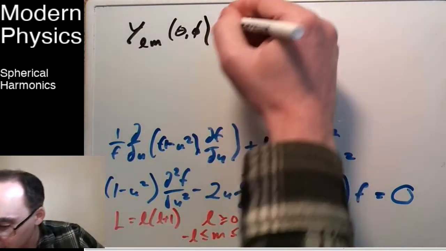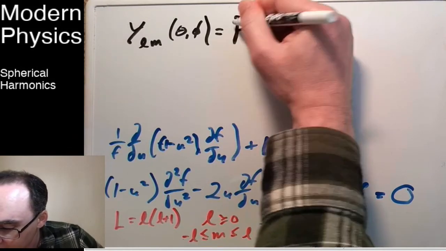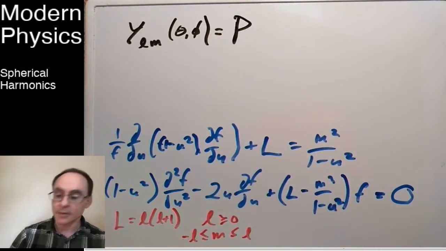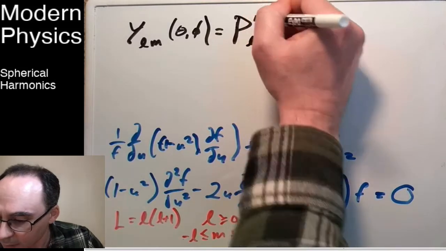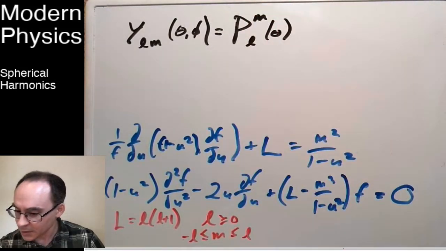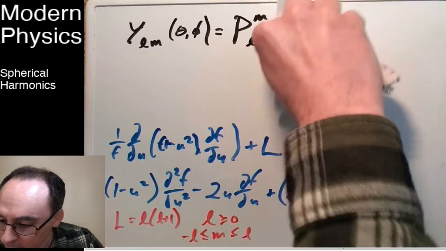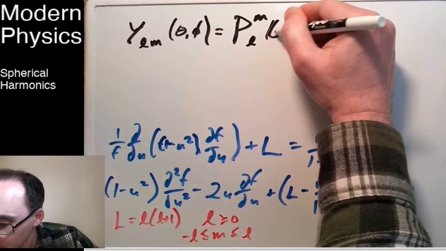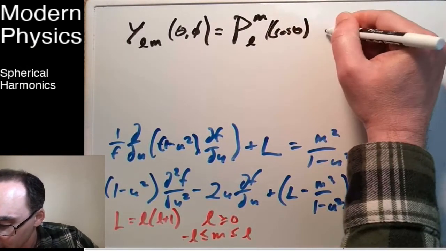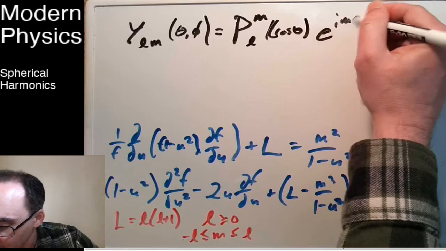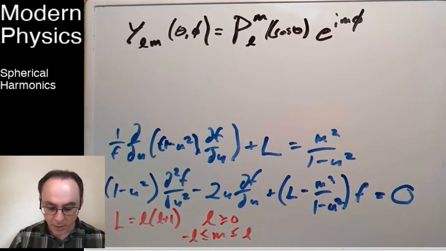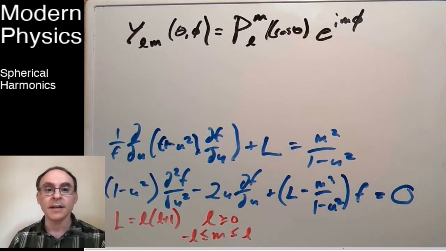The notation capital P is usually used for these generalized Legendre functions, so they're written as P_L^M, which is a function of cosine theta, since that's the substitution we made. And then we have e to the i M phi for our phi part, which we already did.